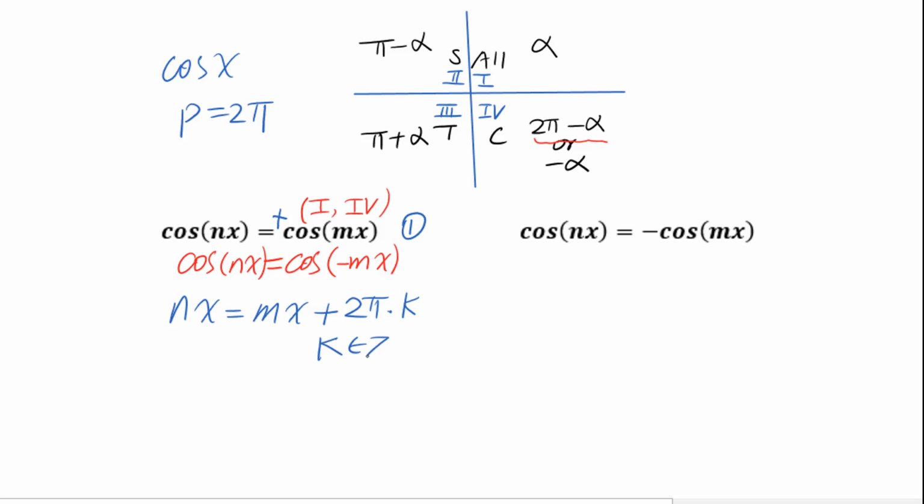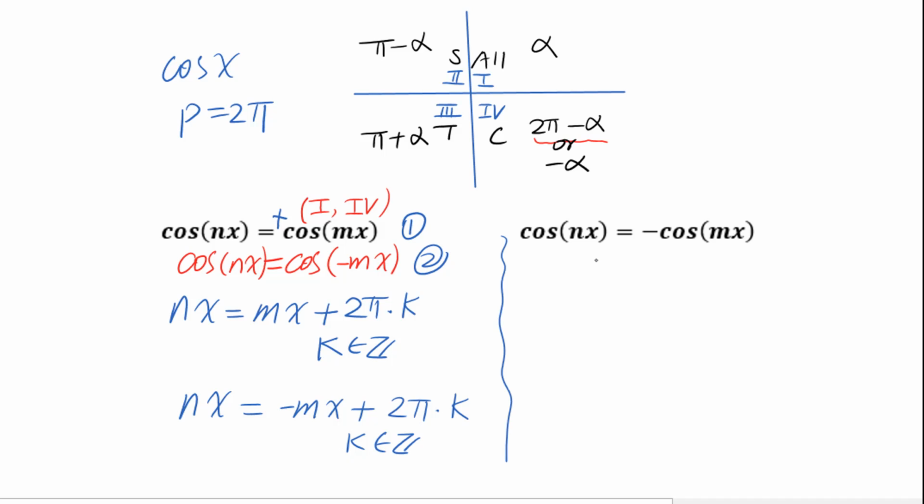K is all integers. For the second equation, I can set up nx equals negative mx plus 2 pi times k. K is all integers.